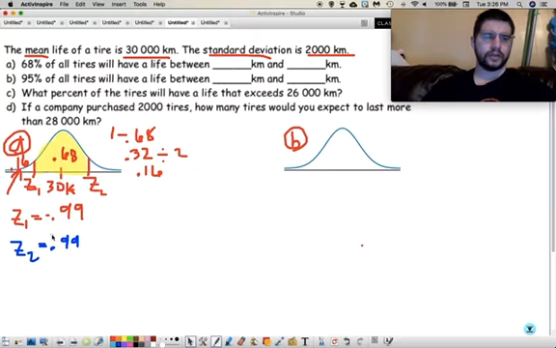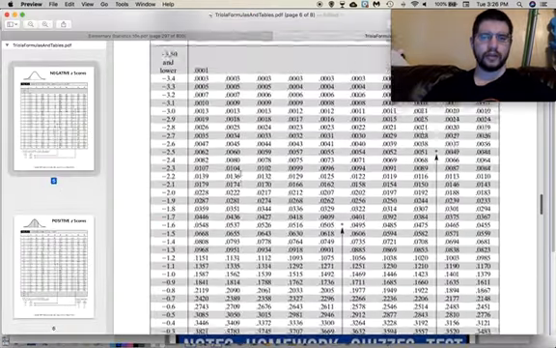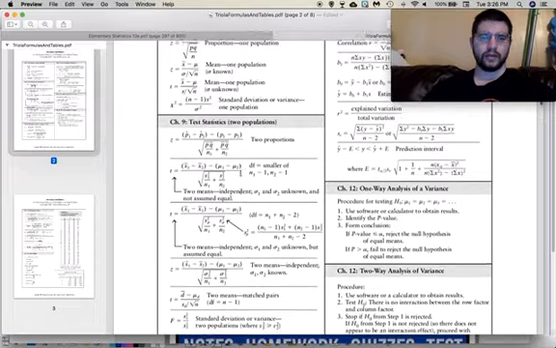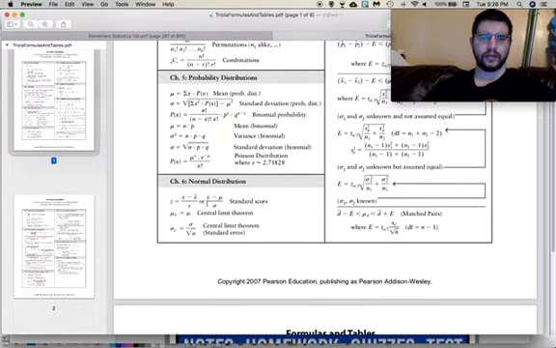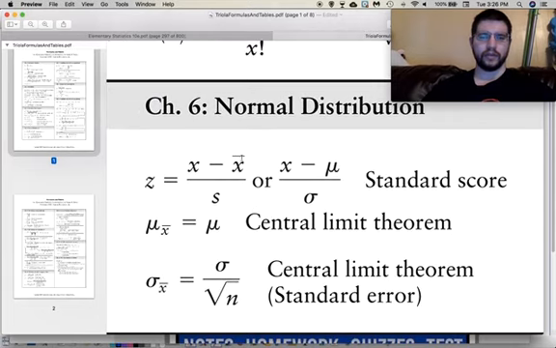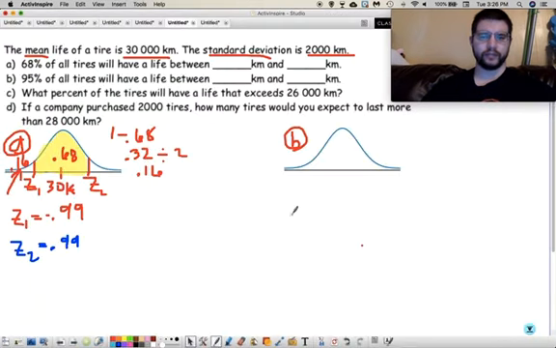So these are our z-scores, and we're going to use the same formula we've been using. Here it is. This formula right here, we're just going to convert it to solve for x. We did that yesterday. I'll do some scratch work over here and erase it so I can have more room.